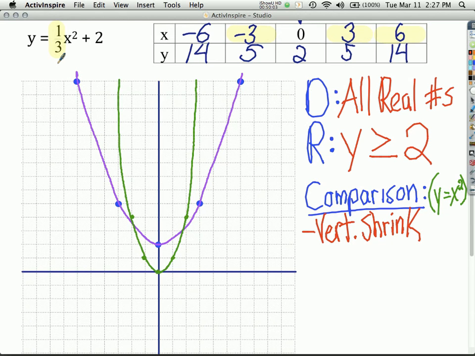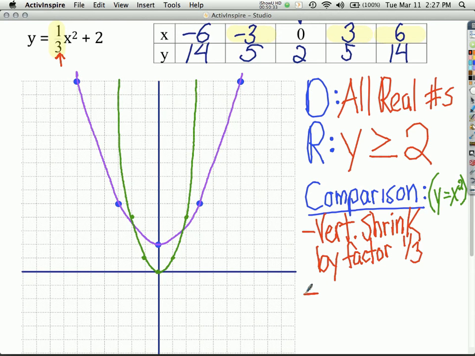So this is called a vertical shrink by a factor of 1/3. I got that from the actual function. This number right here tells us how much we shrink it by. And we know it's a shrink because it's a fraction. If this was a whole number, like a 2 or a 10, that would be a stretch.